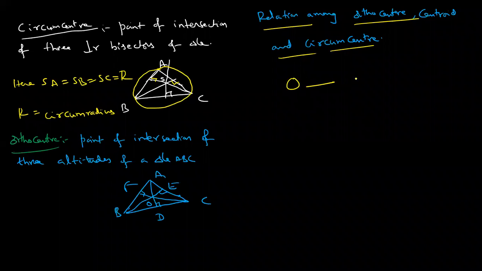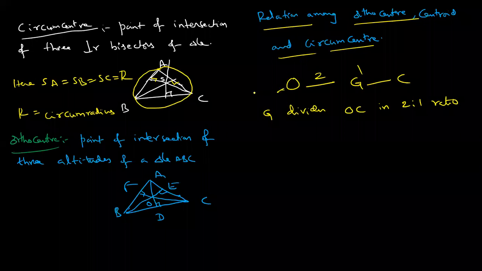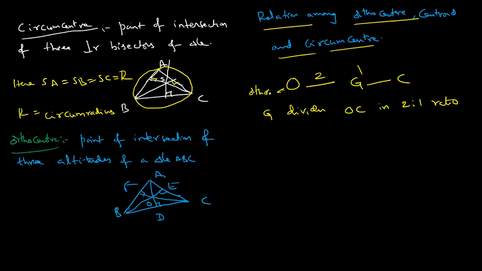Last time I told you ONGC, no? Yes, sir. 2 and 1. Remember, it is 2 to 1. So G divides OC in 2 to 1 ratio. What is this? Orthocenter, centroid. What is this? Circumcenter. Okay.